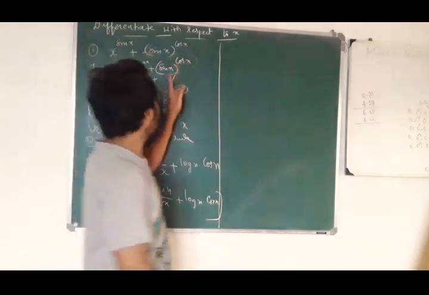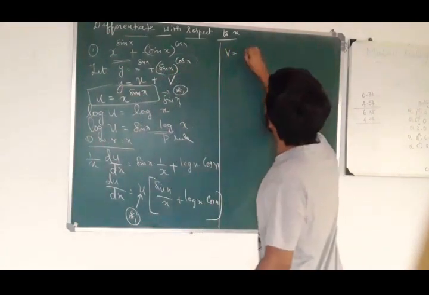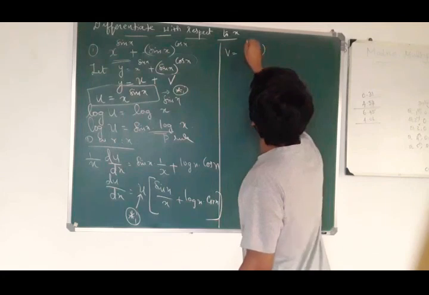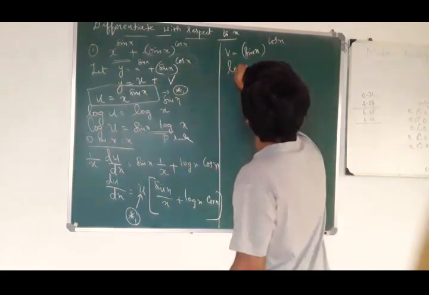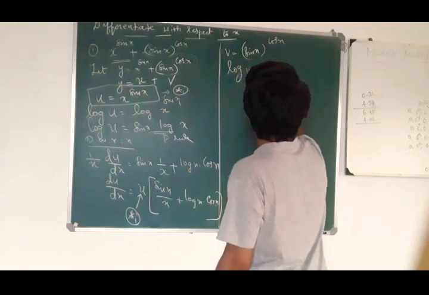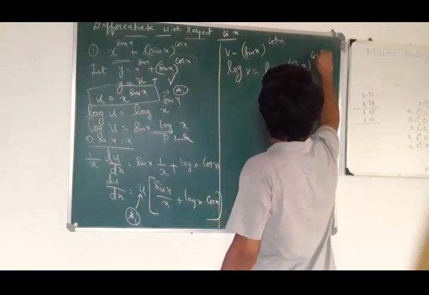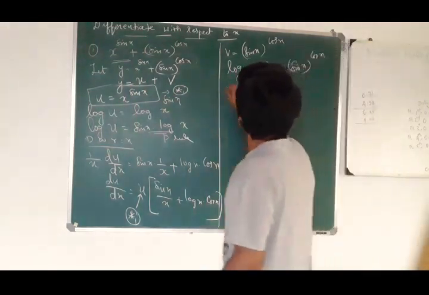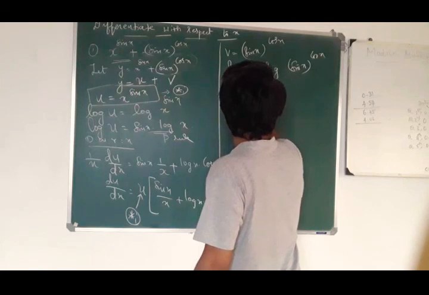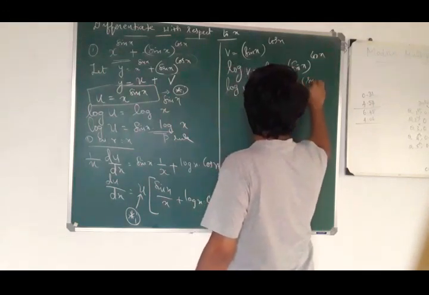Now similarly you have to do for v as well. So v is equal to sin x to the power cos x, taking log on both sides. So log v is equal to log of sin x to the power cos x. Now, according to the properties of logarithm, log v is equal to cos x into log of sin x.